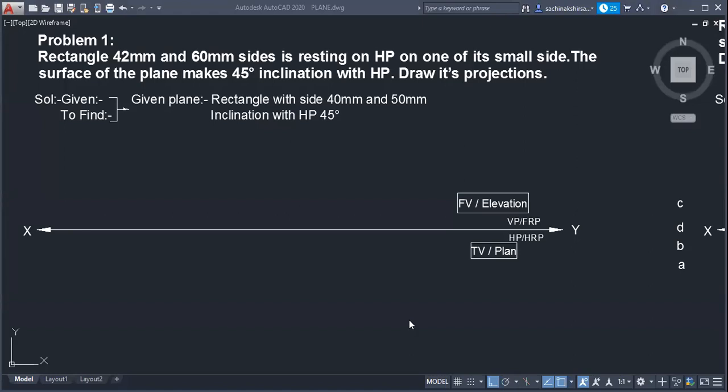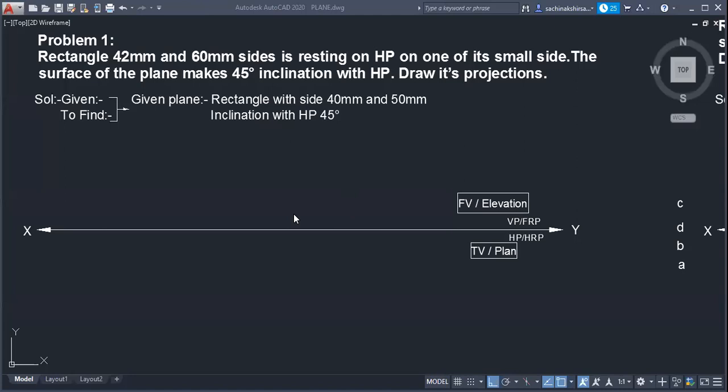Very good. In this type of problem, firstly the geometry of the plane will be given. When you read the problem, you should immediately find whether it falls under projection of line, projection of plane, or projection of solid.